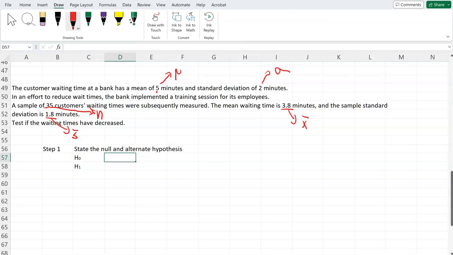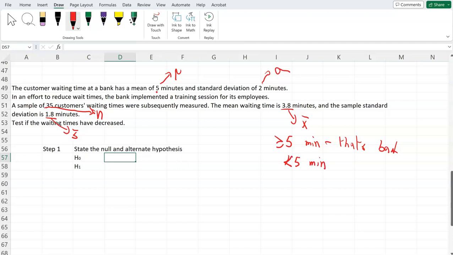Since we want to reduce the time, if I have greater than 5 minutes, that's bad. At least that's not what my aim is. I want my aim to be that the waiting time should fall to less than 5 minutes.